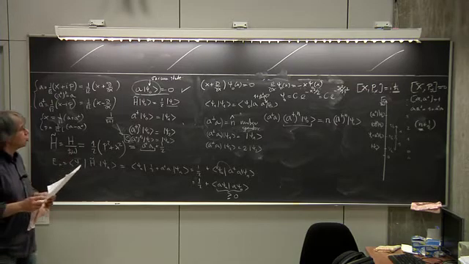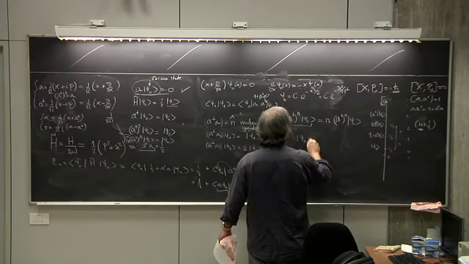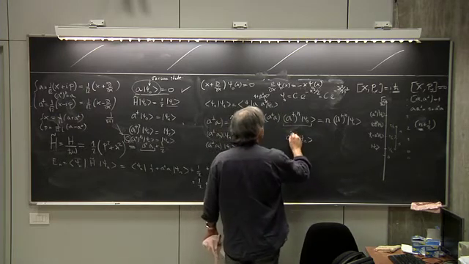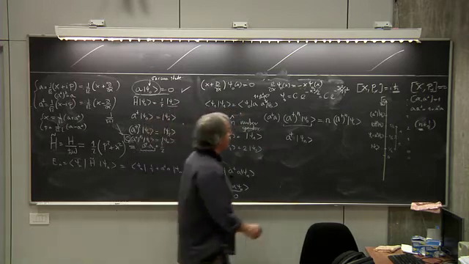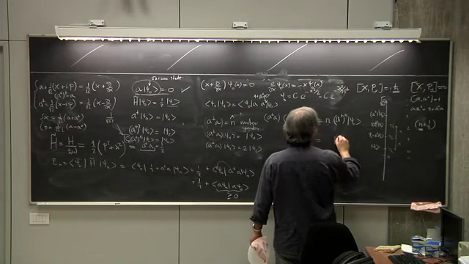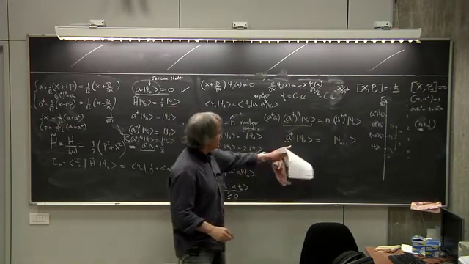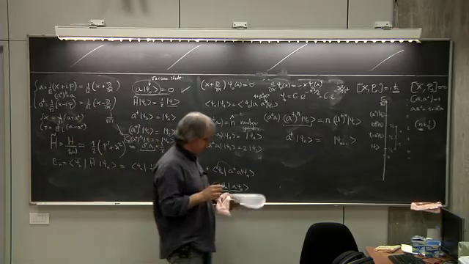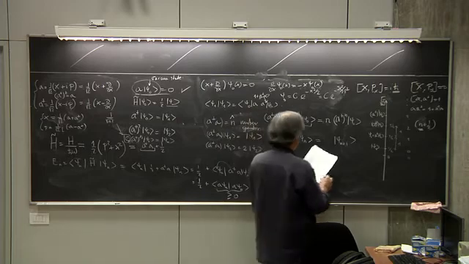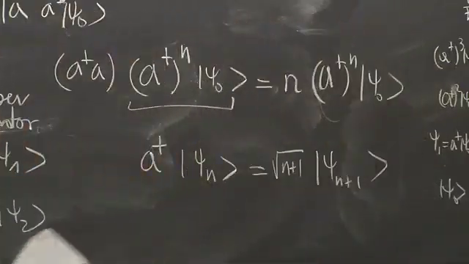You can also deduce what happens if you take a state psi n that is correctly normalized. What happens if you create a further A dagger? Well, you would be tempted to say you get psi n plus 1. Almost. Because of this 1 over square root of n factorial, each one of them, you verify very easily that you have a factor here.